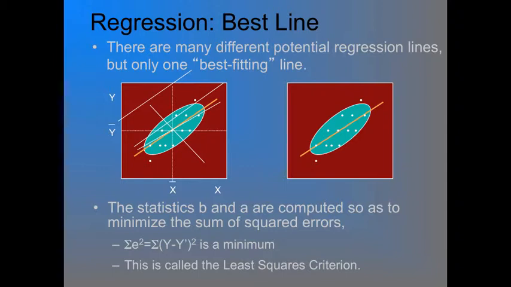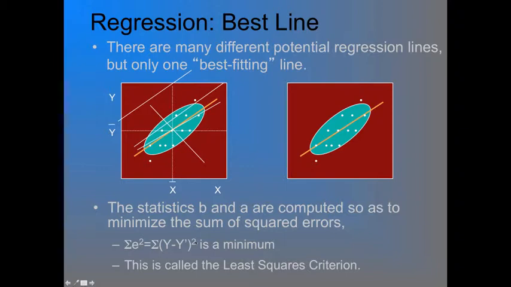This is the last slide I have for you today. The best fitting line, as depicted here, is the yellow line. The best fitting line is going to be the one that minimizes the squared difference between each of your data points and what you're predicting them to be. Basically, it's the line that minimizes the differences between your Y's, your actual scores, and your predicted scores.